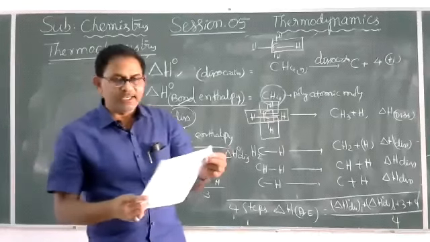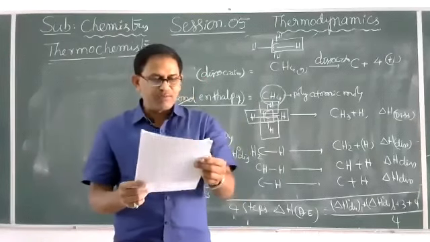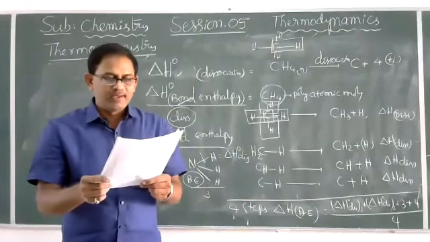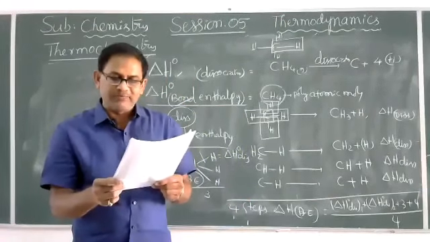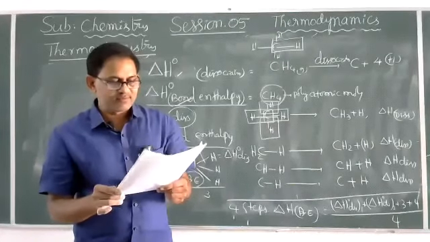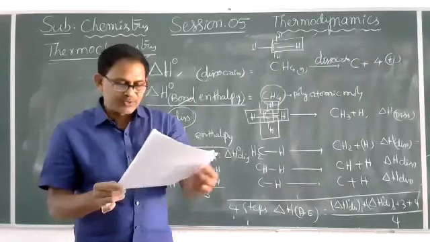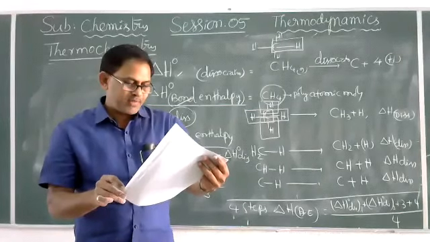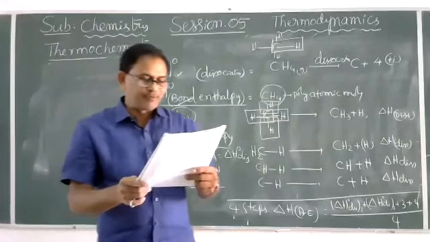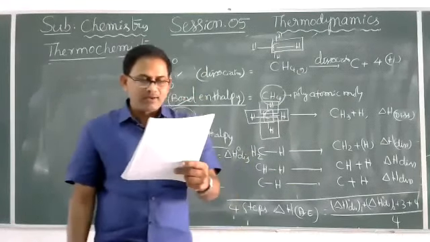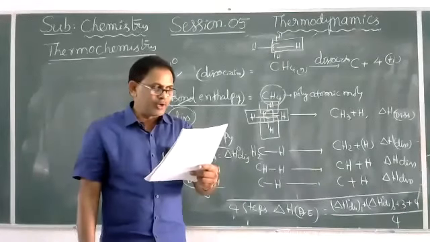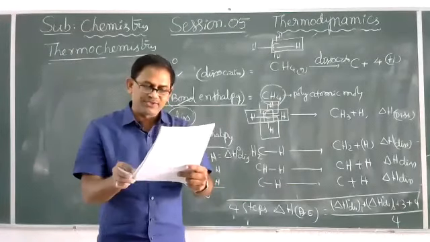So the previous year's NEET questions. Question number 7: bond dissociation enthalpies of hydrogen, Cl2 and HCl are given. Then the enthalpy of formation of HCl is given. Then question number 11, that is NEET 2009: from the following bond energies, hydrogen bond energy, carbon double bond energy, carbon single bond energy, carbon hydrogen are given.